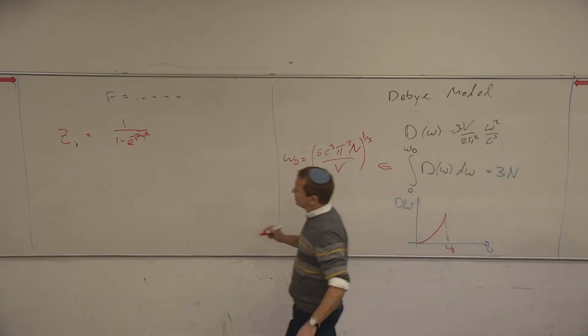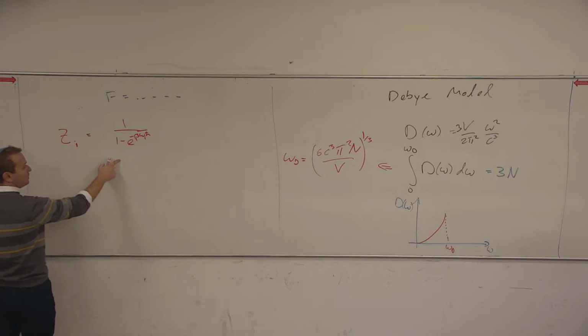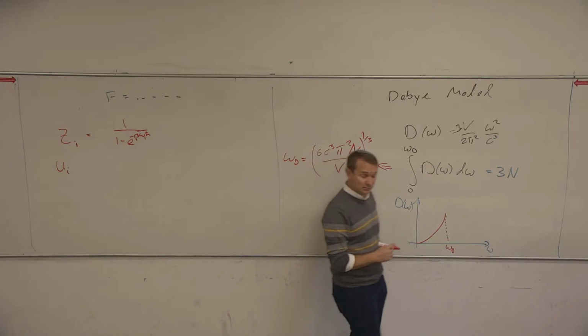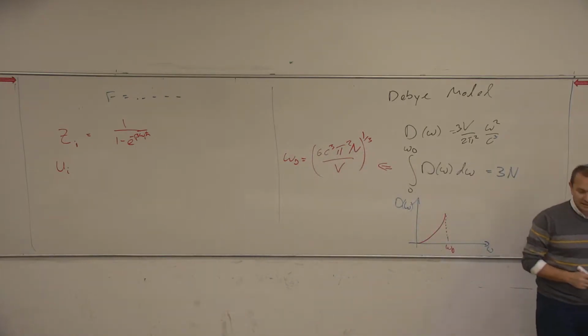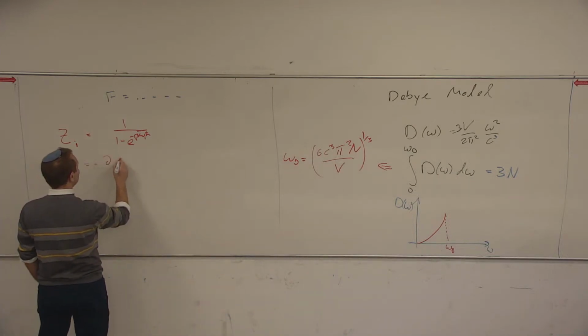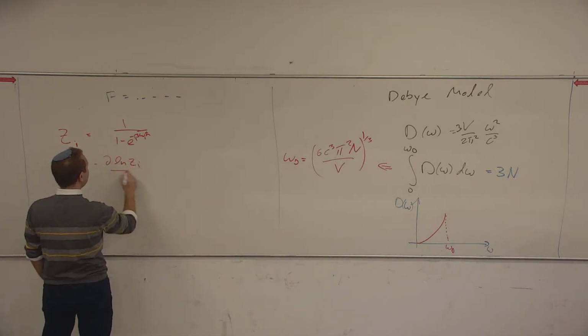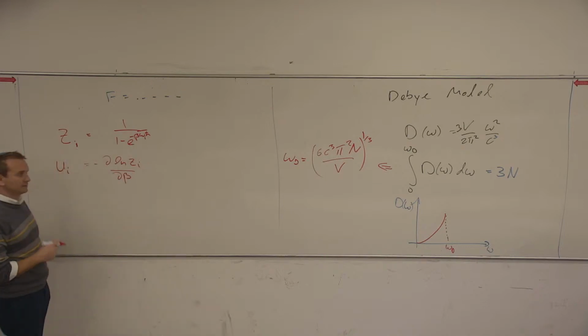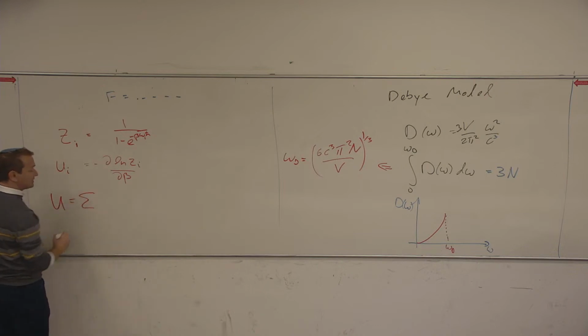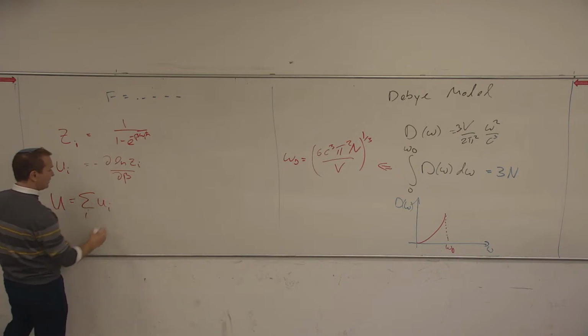We have this formula, so U_i, the average energy per particle, is simply, we developed this formula once again last time, minus d log of Z_i divided by d beta. This is the average energy per particle, and U, the total energy, is going to be a sum over all i of U_i.